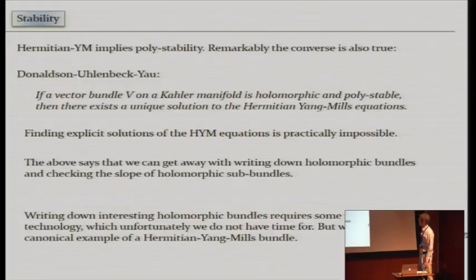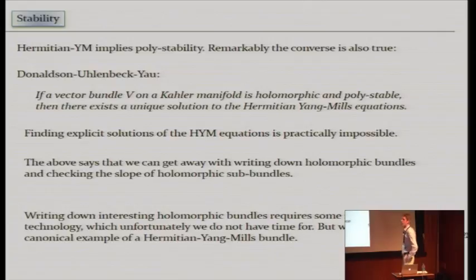Again, Hermitian-Mills metrics are basically impossible to write down in closed form. If you now want to construct explicit examples, all you've got to do is write down a holomorphic bundle and check that it's polystable, which is much easier to do.